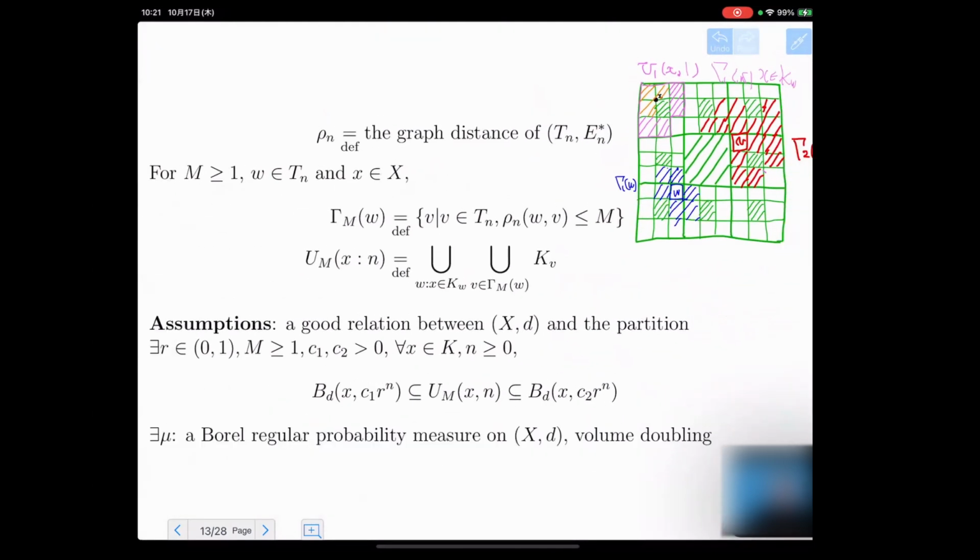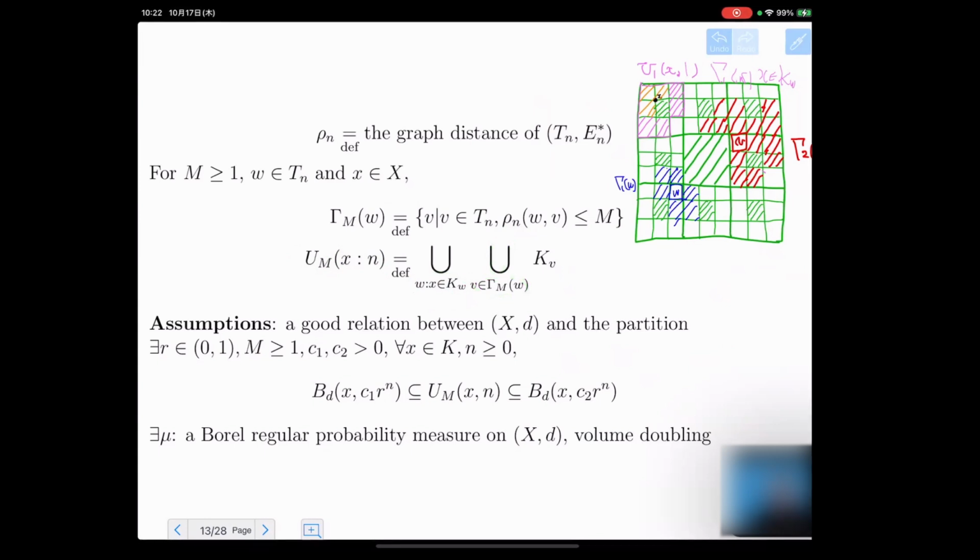Okay. And then what I will define next is a kind of ball with some radius. So X is now a point in the space. And this set is a union of K_W's. First we find the W's, the vertices, which include X, and take the union of their M neighborhoods, okay?